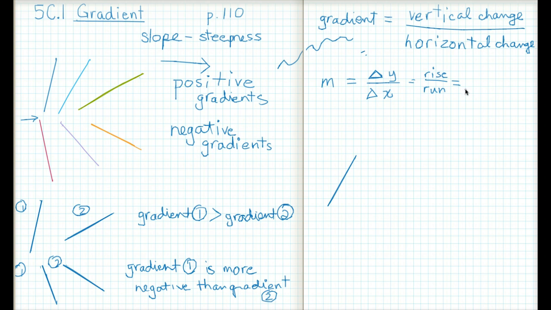We want examples where we're given 2 points and we can find the gradient between the 2 points. Then we can also say that the change in y is like subtracting two values, y2 minus y1, divided by subtracting two values, x2 minus x1. So that's the final formula we're going to use in examples later today: gradient is equal to y2 minus y1 over x2 minus x1.